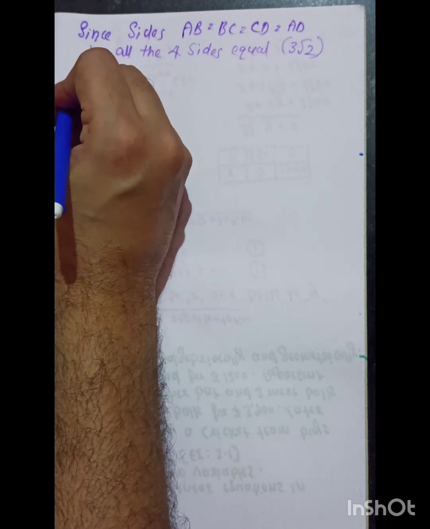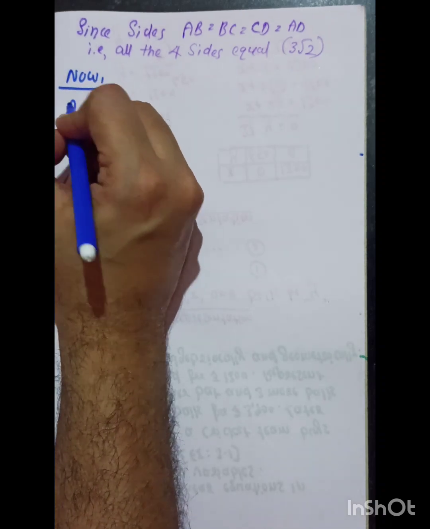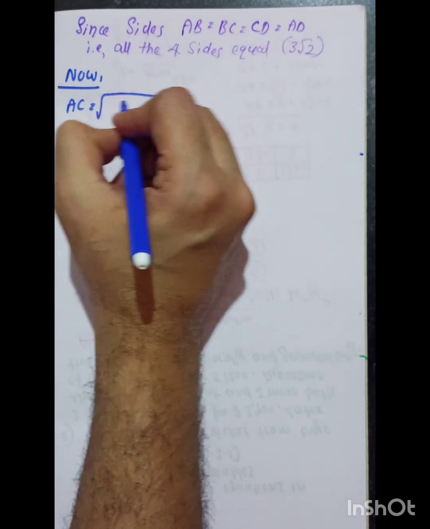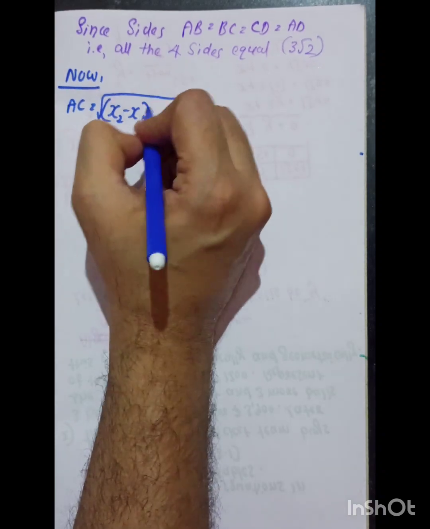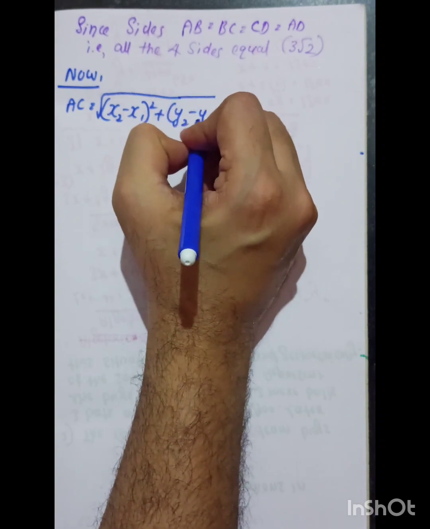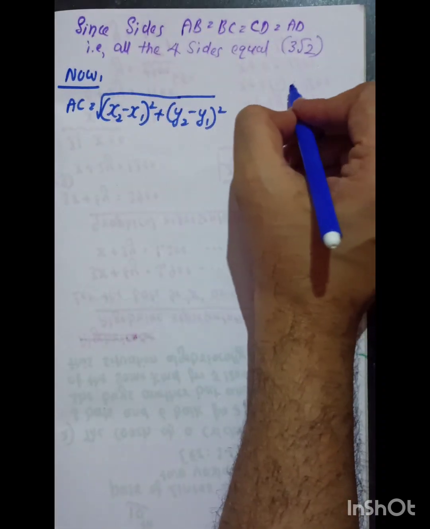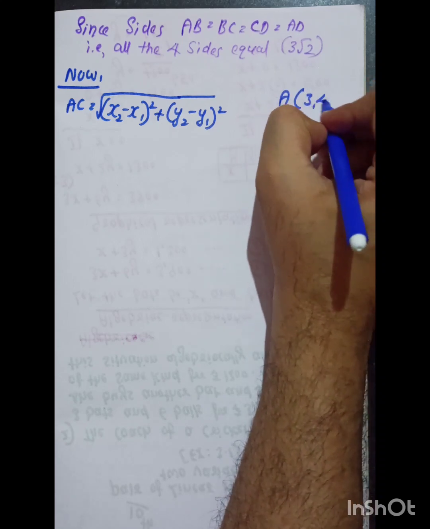Now as I said, let's check the diagonals. The diagonals are AC and BD. Now take AC: x2 minus x1 whole square plus y2 minus y1 whole square. A means 3, 4.